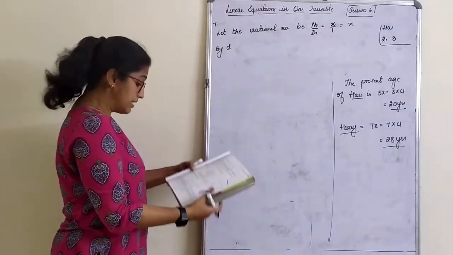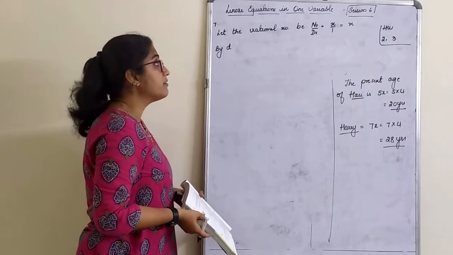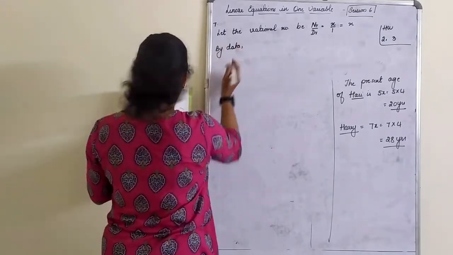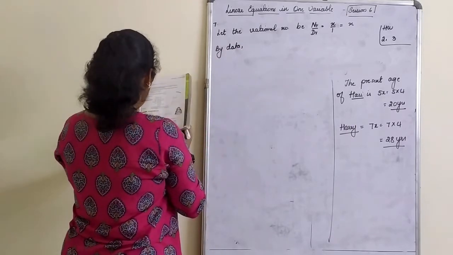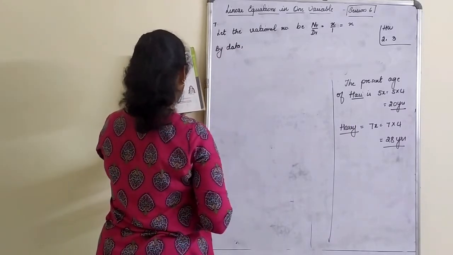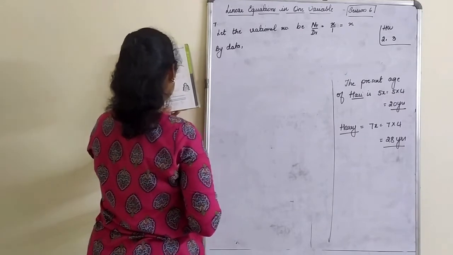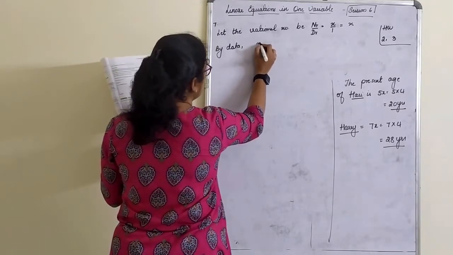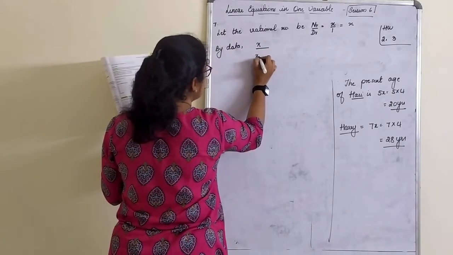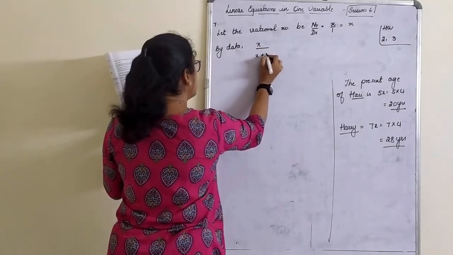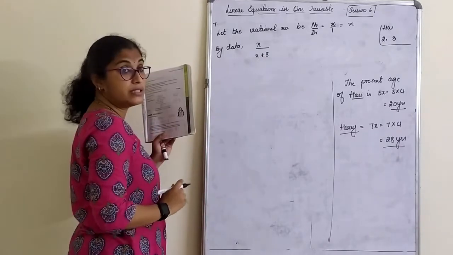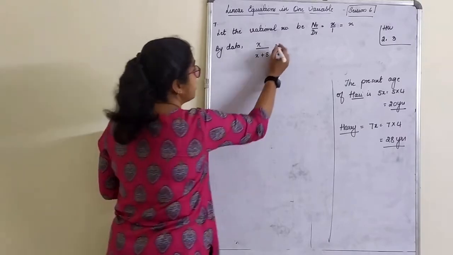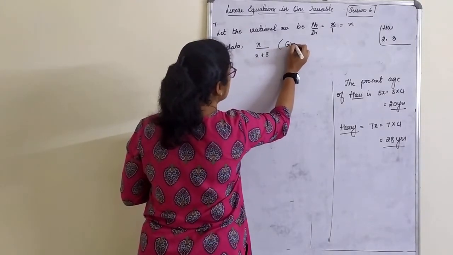Understood? Since they have given about numerator and denominator, we have to say that it's numerator upon denominator. By data, the denominator of a rational number is greater than its numerator by 8. This is given. So I will write in the bracket, given rational number.